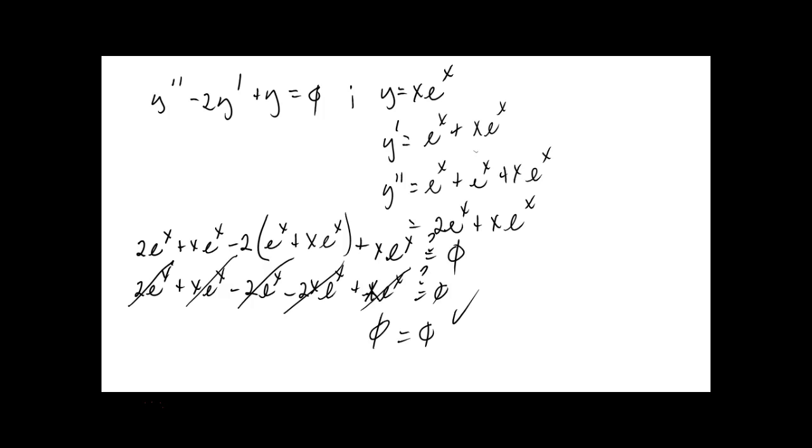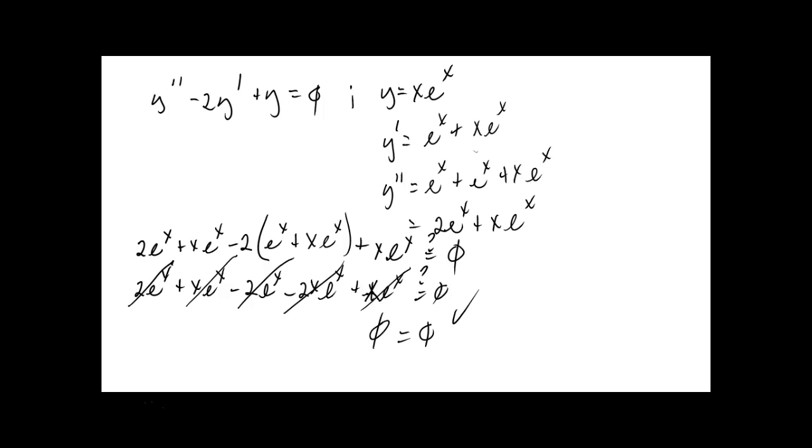This is how you verify that something is a solution. Plug it in. But not just it, plug in its various derivatives that are called for. What I did, we found out, they gave us that, right? We found out this one, and we found out this one.